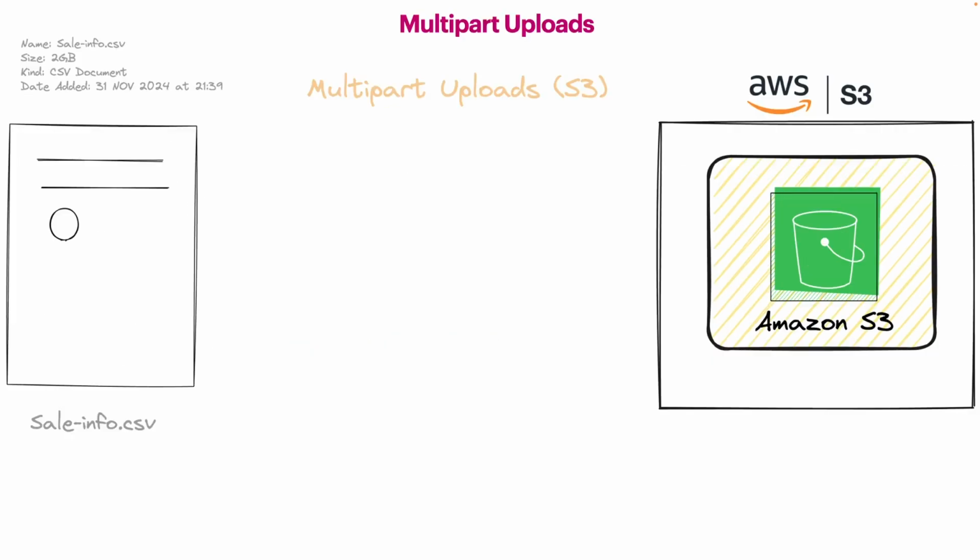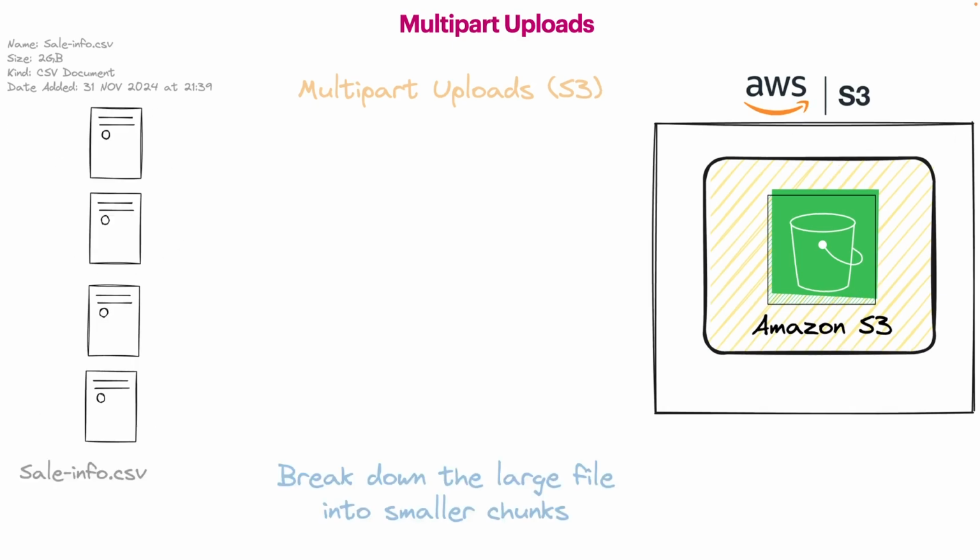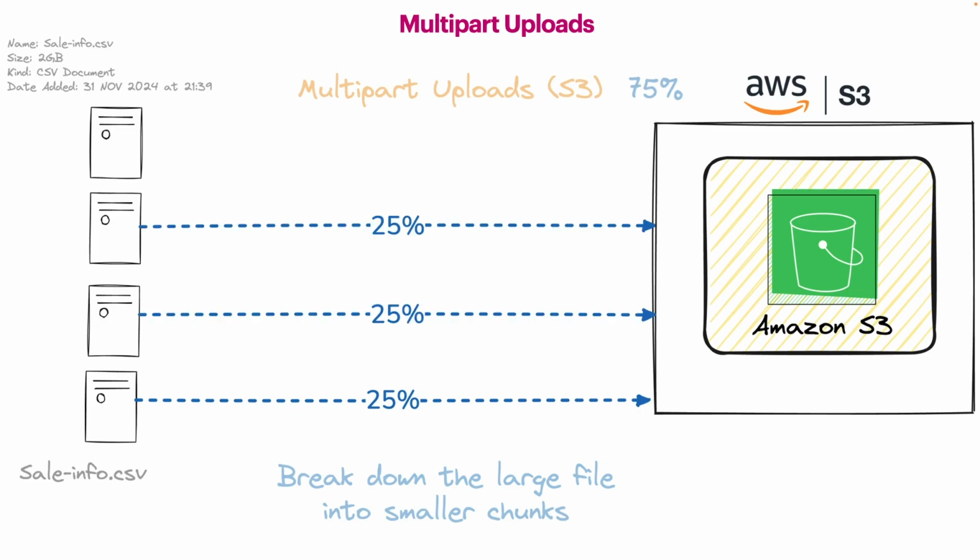We are going to talk about multi-part uploads, and we are going to implement them, but before that we need to understand how they work. In multi-part uploads, if we have a large file, we break this large file into smaller chunks, or parts, and then we upload these parts individually. This is the concept of multi-part upload.